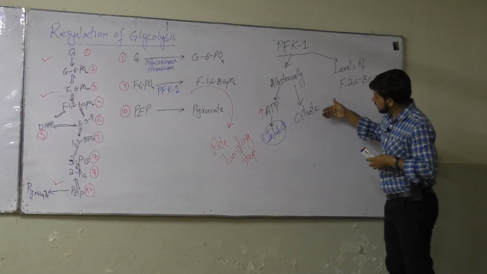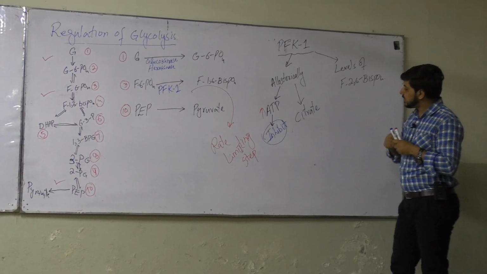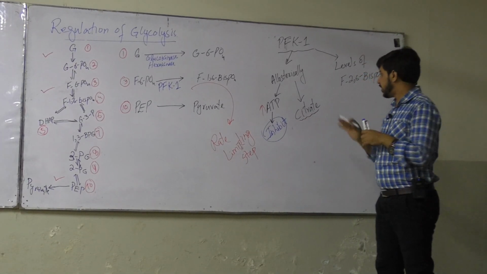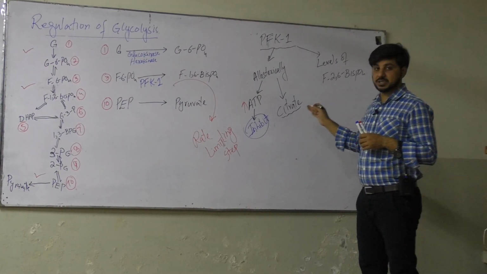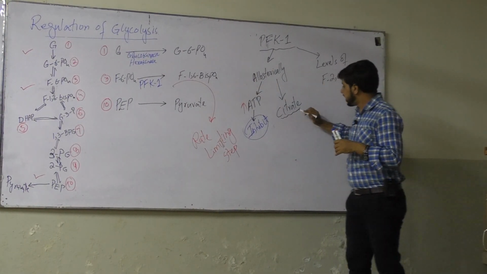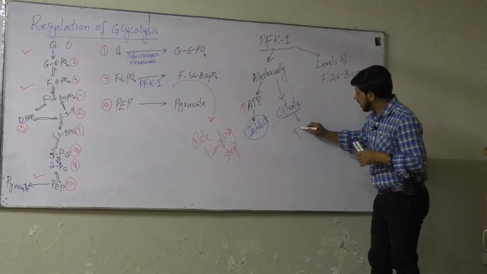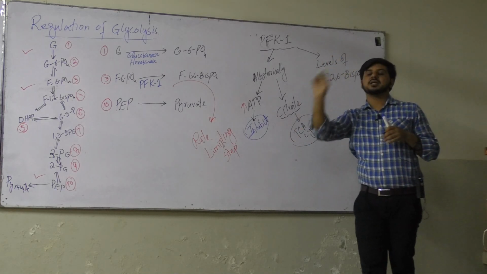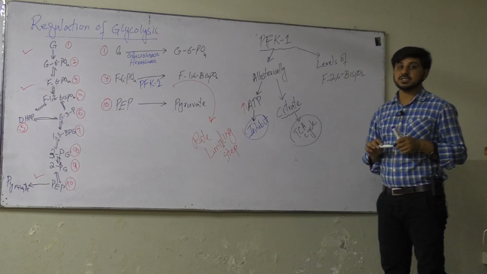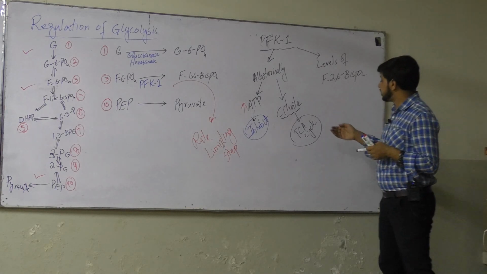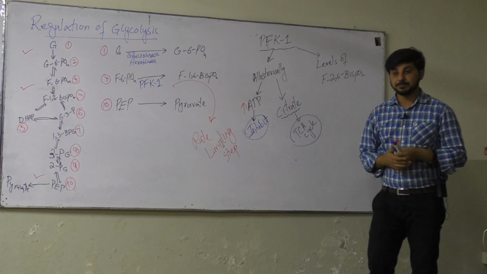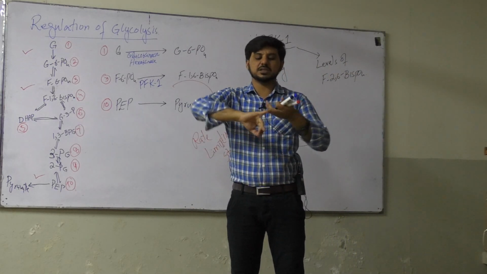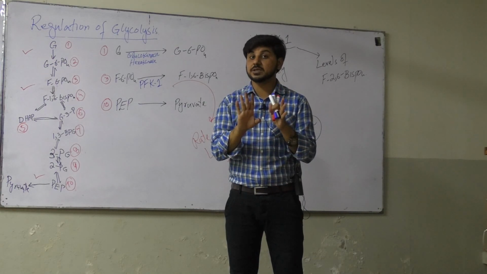So the second one is citrate. As we know very well, citrate is an important point for the regulation of this enzyme. This citrate is a product of the TCA cycle. We have already studied what the TCA cycle is. The TCA cycle is the tricarboxylic acid cycle, and it is the major, final pathway for all the intermediates, whether carbohydrate or non-carbohydrate compounds, which are responsible for energy production.